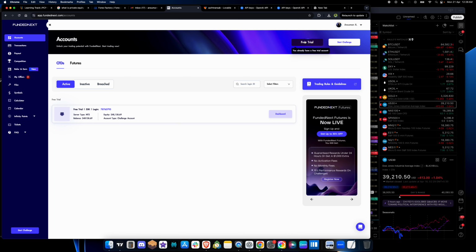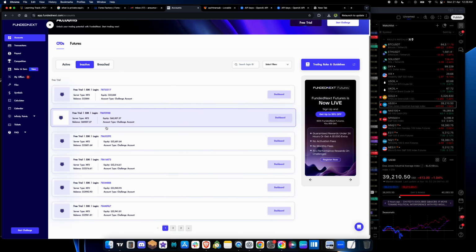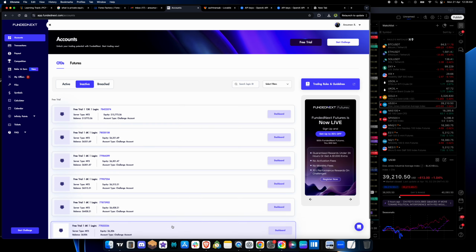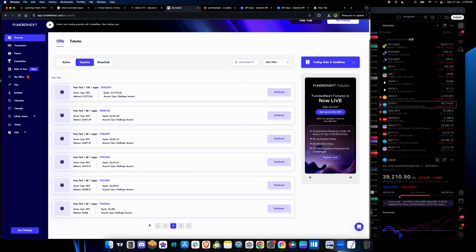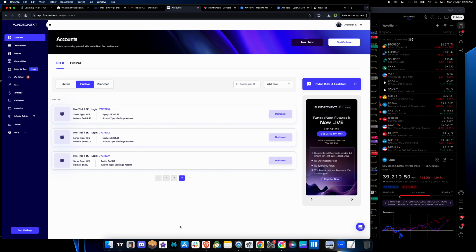So you can use this free trial option. By the way, I have a free trial account which is a simulation account. I didn't purchase it with my money, they just gave it for free. And on this account, you can see here how many accounts I have been trading. So these are all accounts. As you can see, you have to maintain this track record. Inactive means the accounts which I have passed.